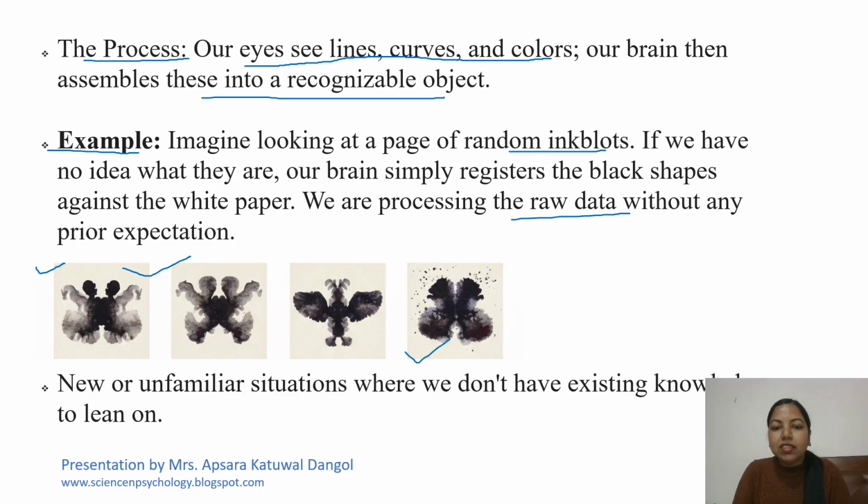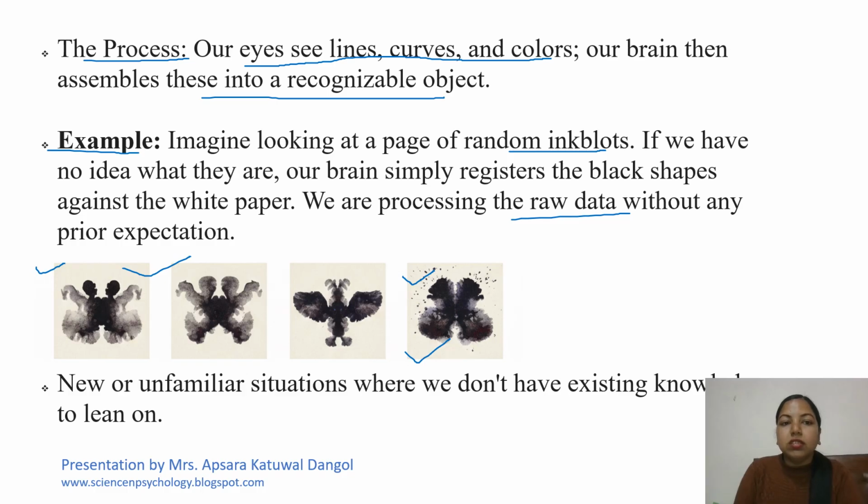We may feel like this is a butterfly. Why? Because we are connecting this raw data in our brain to the bigger picture that's already in our mind. We have seen butterflies, so when we see this ink blot paper, we feel like it looks like a butterfly. But before perception, we are sensing something. We are processing the raw data.